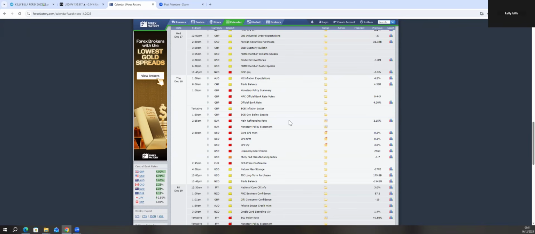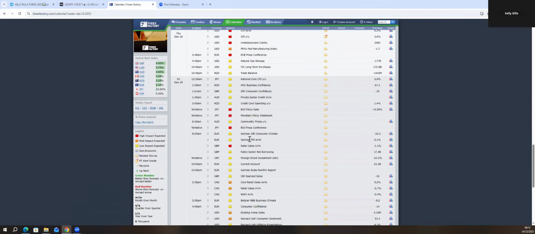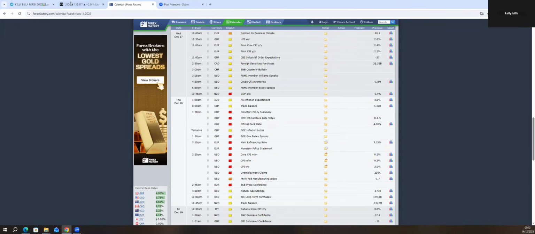We have the refinancing rate and policy statement for Euro at 2:15 p.m. And then in the next 15 minutes, we're going to have CPI for the US dollar and unemployment claims for US dollar. Trust me, Thursday will be very, very crazy, especially for GBPUSD and EURUSD. It's going to be mad. And then Friday we have retail sales for GBP, and that's just that for the week.